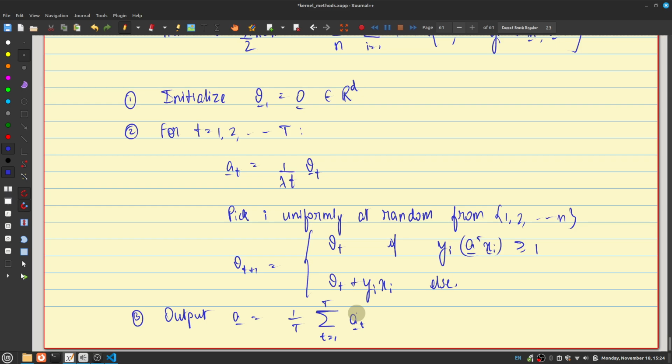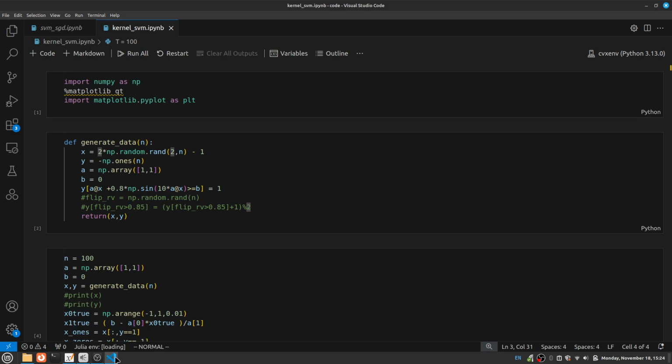Okay. Any questions? All right. Let's go ahead and try to see how this works. Here I've generated some data according to a certain distribution. All of the data points will lie on the square region on the plane, with x and y values between -1 and +1.